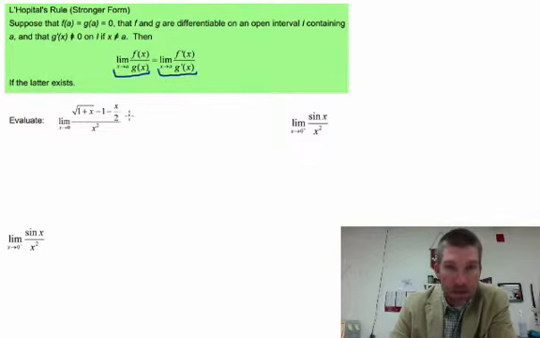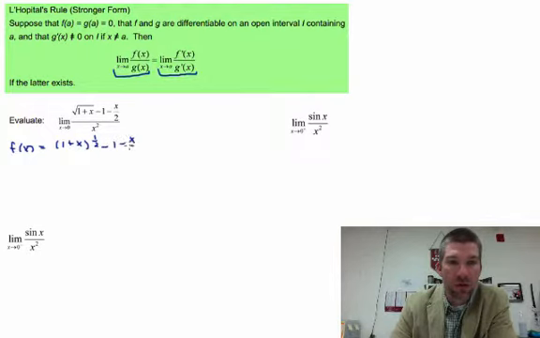So let's take the first one here. The top equation would be the square root of 1 plus x, minus 1, minus x over 2. So the derivative of this would be 1/2 times 1 plus x to the negative 1/2, minus a half.